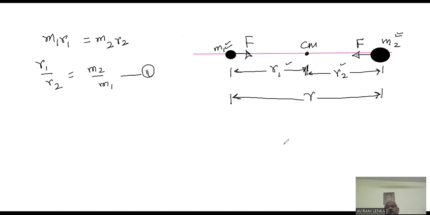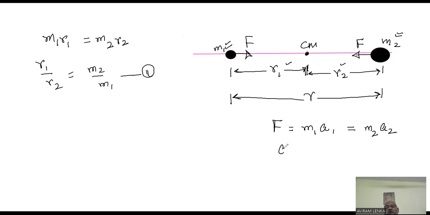With that force, M1 accelerates, so F can be written as M1 into A1. The same force accelerates M2, so F equals M2 into A2.